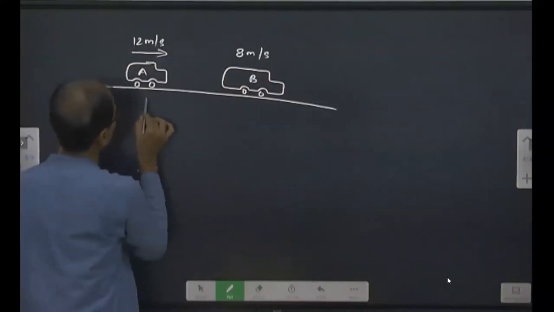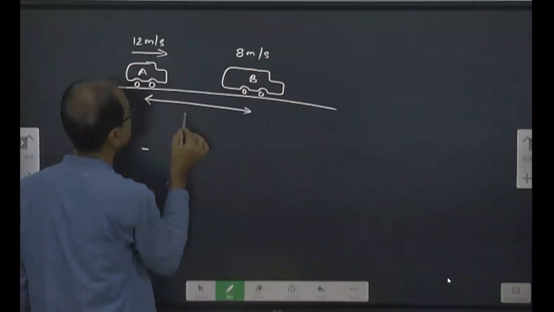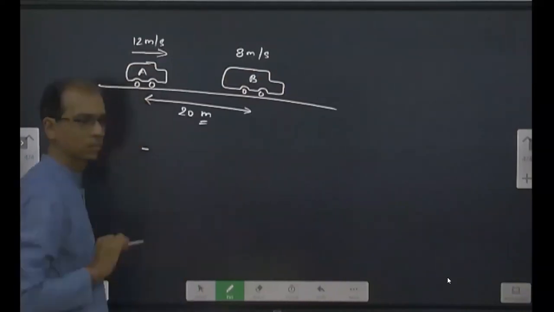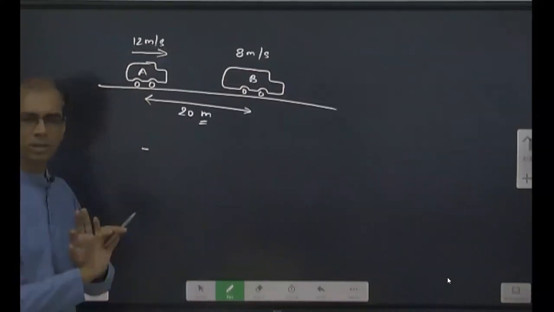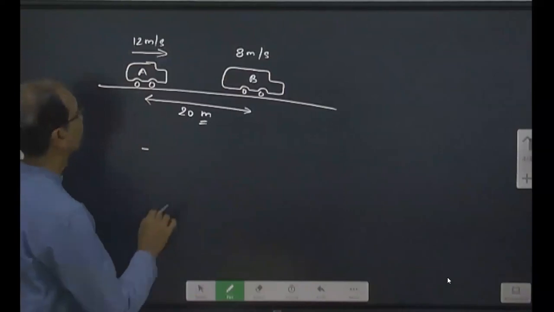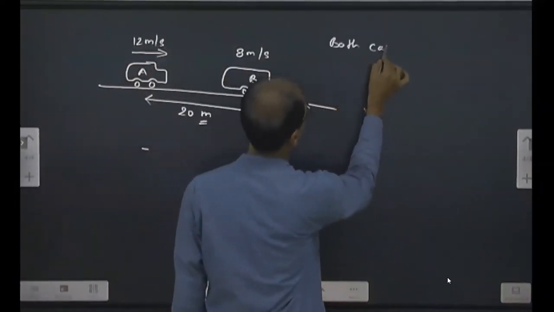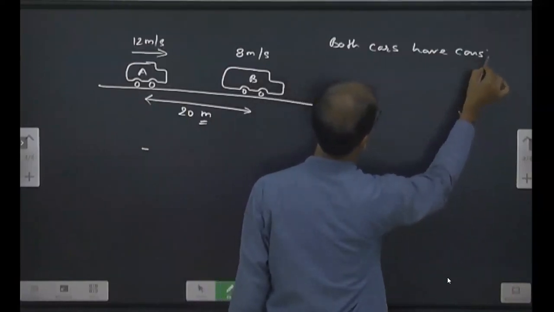Right. This is 20 meters. Distance between them is 20 meters. Acceleration is not there. Constant speed motion. Both cars have constant velocity.